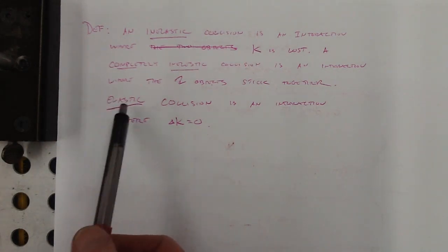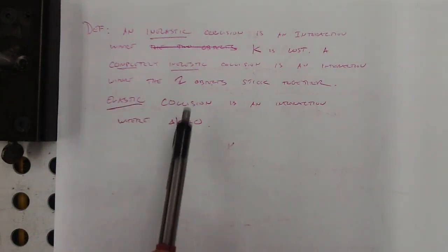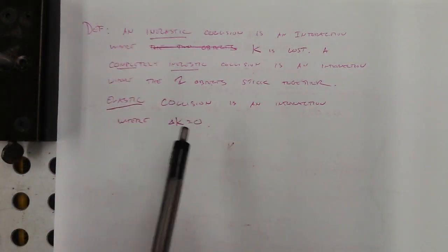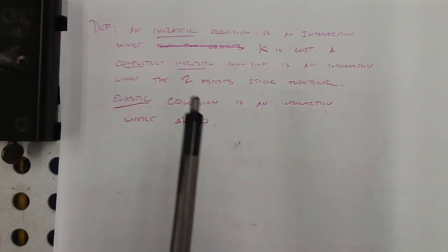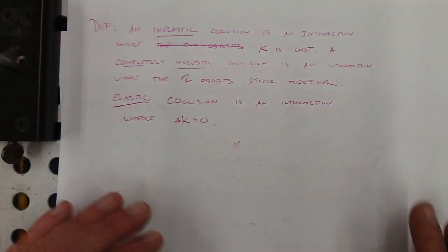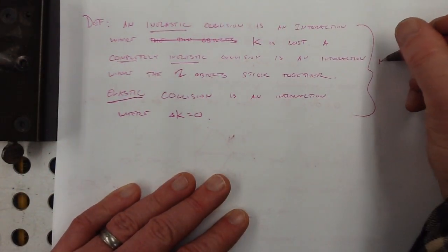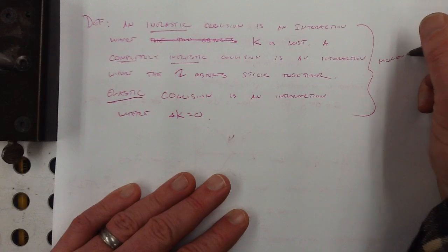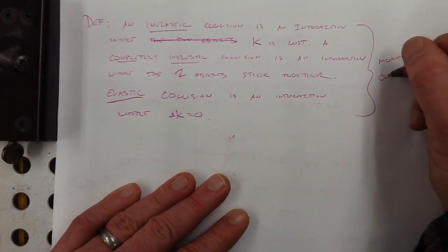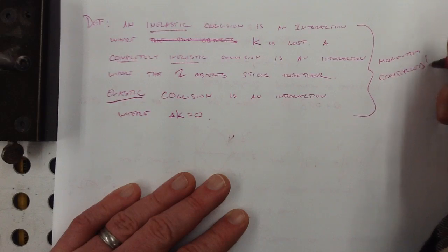If you read those words, elastic collision, you better immediately think, oh, I'm going to have to use the fact that kinetic energy is conserved. Momentum is conserved in all of these. It doesn't matter. Momentum is conserved.